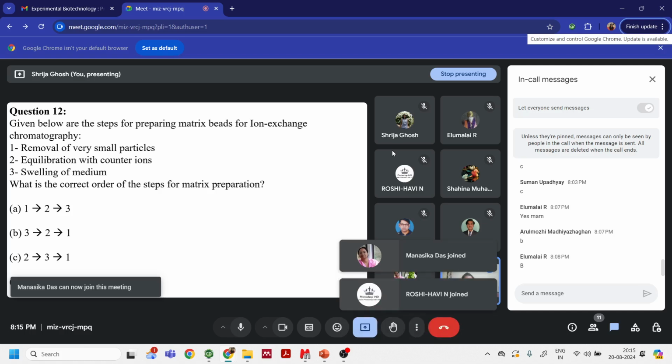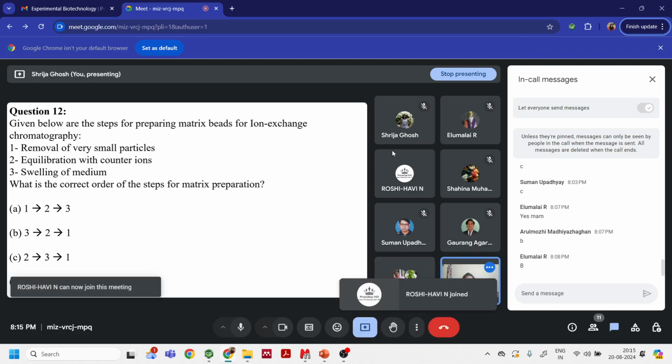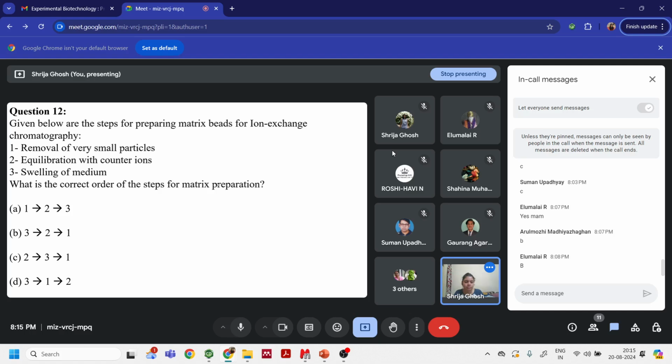So, anybody wants to answer? Option C. So, first equilibration, then swelling, and then removal of very small particles. Okay. Anyone else wants to answer? Come on, it's not very difficult.